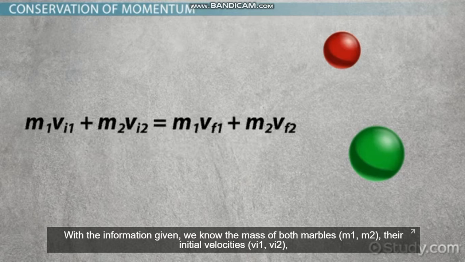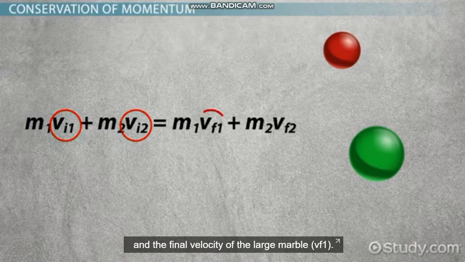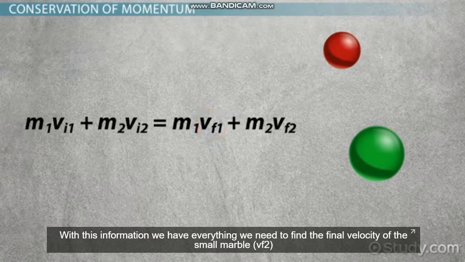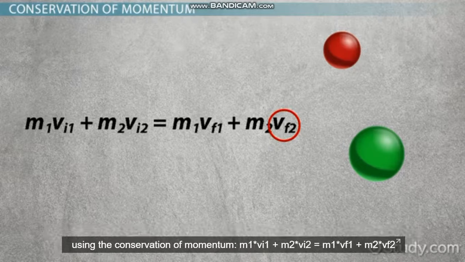With the information that we've been given, we know the mass of both marbles, or M1 and M2, their initial velocities, V_I1 and V_I2, and the final velocity of the large marble, V_F1. With this information, we have everything we need to find the velocity of the small marble, V_F2, using the conservation of momentum.